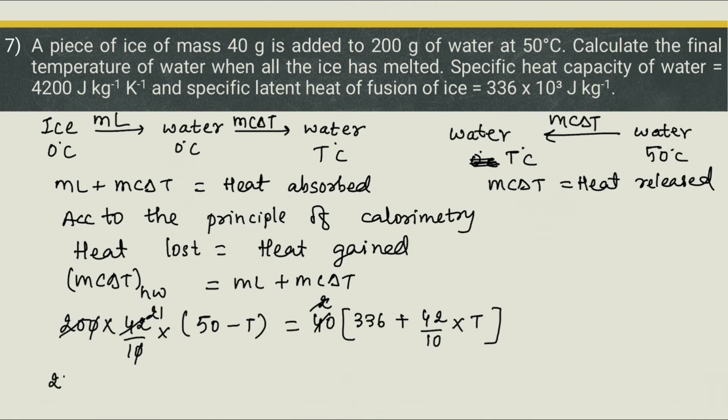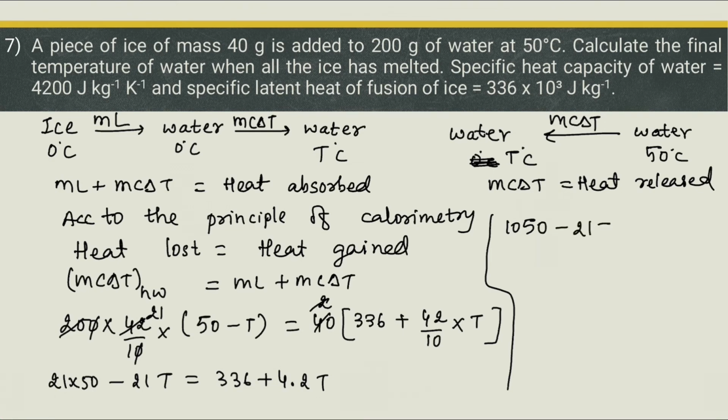So this is 21 into 50 minus 21 times T is equal to 336 plus 4.2 T. 21 into 50 is 1050, minus 21 T is equal to 336 plus 4.2 T.